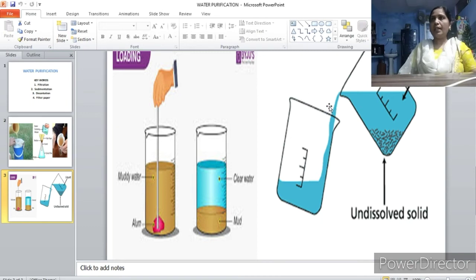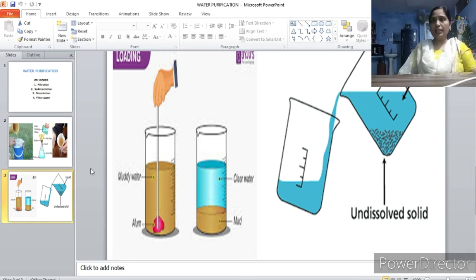Separating the clean water is known as decantation. After the sedimentation process, we can go for decantation to get clean water. Decantation is nothing but separating the clean water into another pot, beaker or test tube, whatever you are using for your experiment.